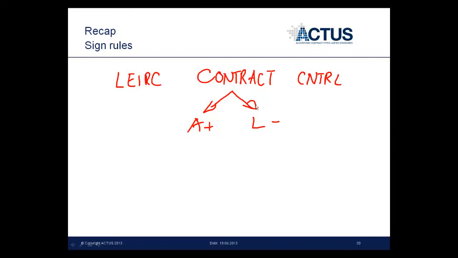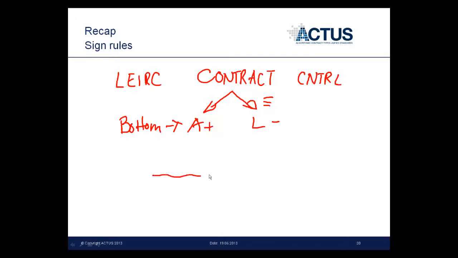If it were a combined contract type, it would have several levels here, but at the bottom we would find either assets or liabilities. This decides already the sign, and from this, the underlying cash flows are driven.